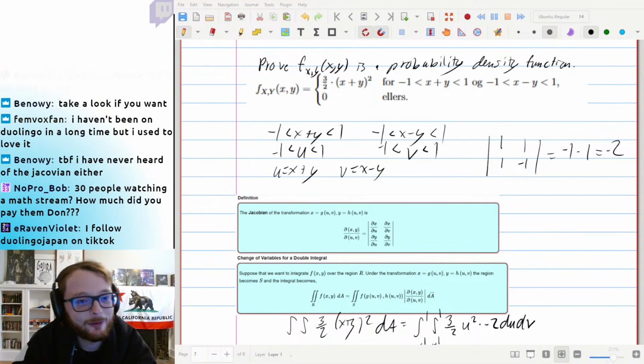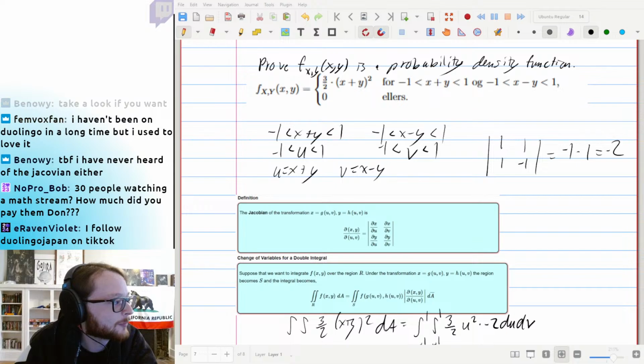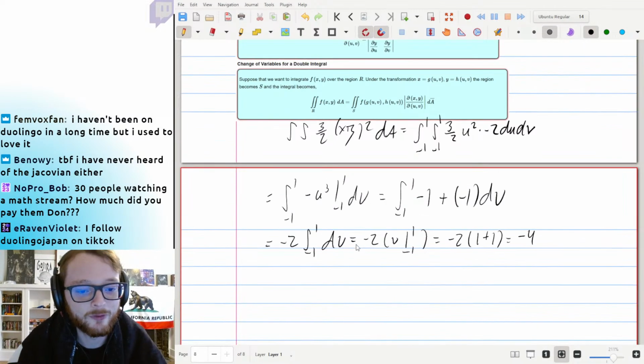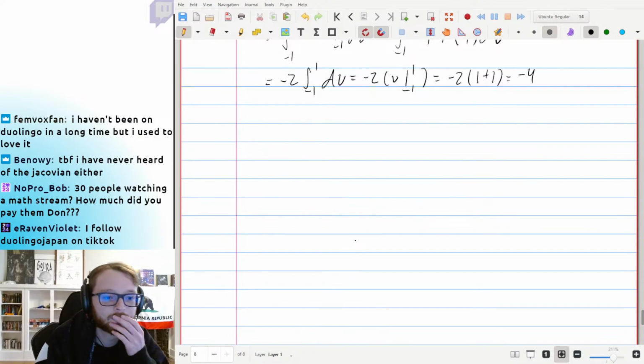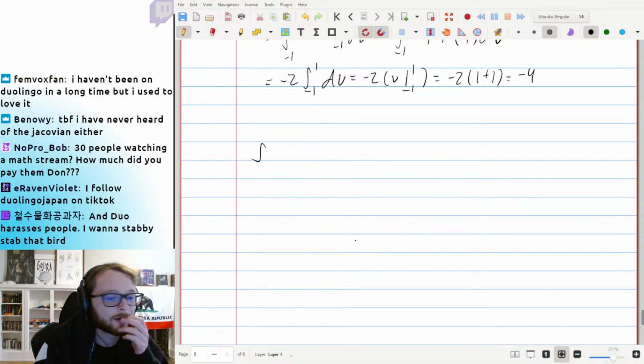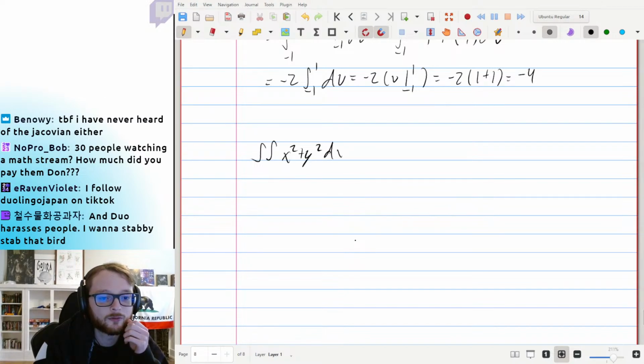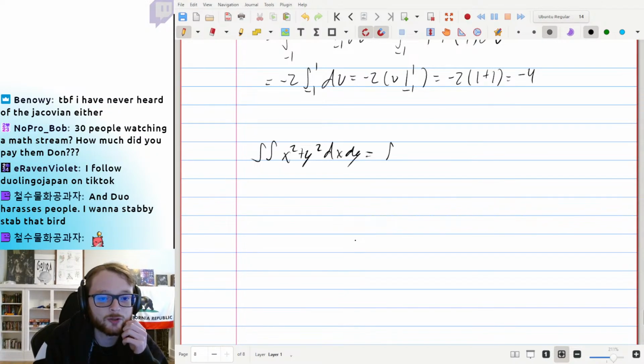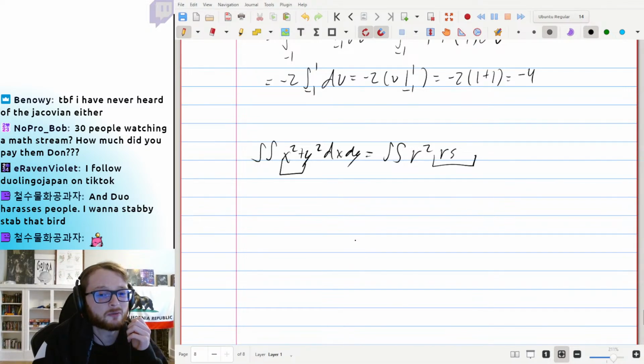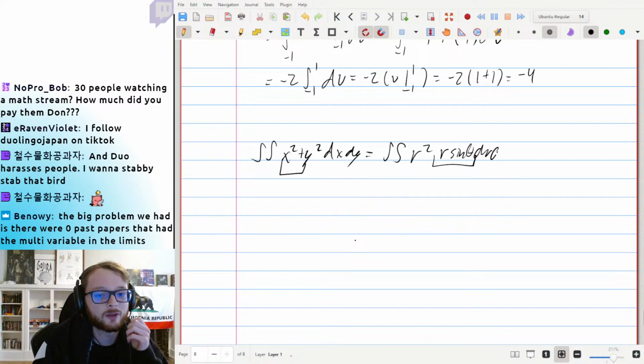Yeah, then it's what you do for an arbitrary change of variables in multiple dimensions. Like, if you have a polar integral, if you have the double integral of x squared plus y squared dx dy, you could change it to polar. Like x squared plus y squared is r squared, but then you get an extra factor here that's like r maybe sine theta dr d theta.